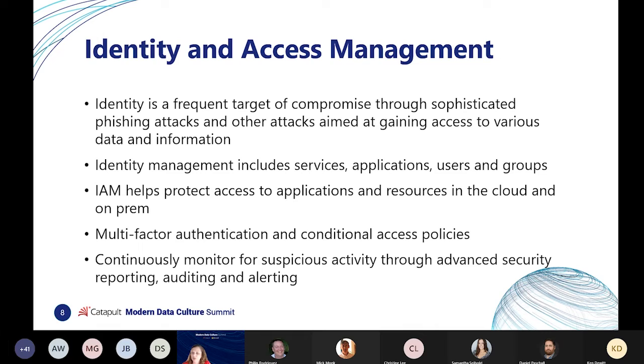And as with anything, we need to be engaged in continuously monitoring for any suspicious activity with advanced security reporting. We're going to have various types of auditing in our environment and various types of alerts. And of course, with the alerts, we should try to utilize different tools and configurations that really help, as those alerts can get really noisy for those reviewing them and doing the threat hunting.